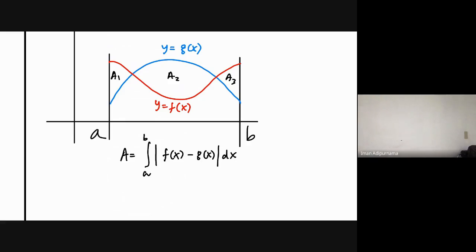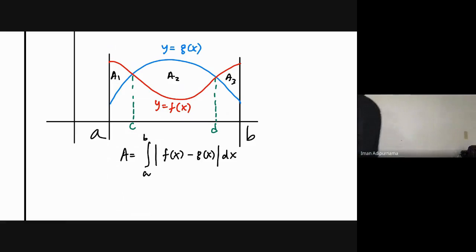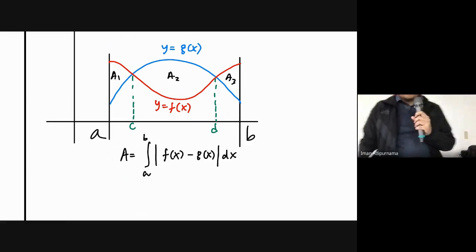And later, we need to define f and g. So A1, the red one minus the blue one, so f minus g, from A to some point here, okay? And then A2, g minus f from this point until this. Let me make another point. Maybe this is C and this is D. And A3 is back to f minus g.